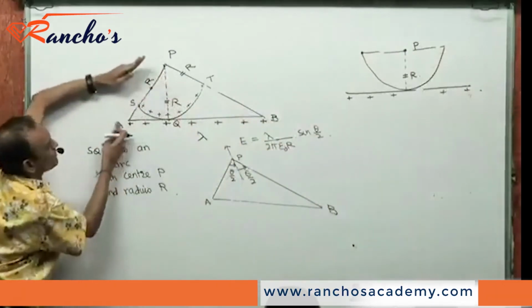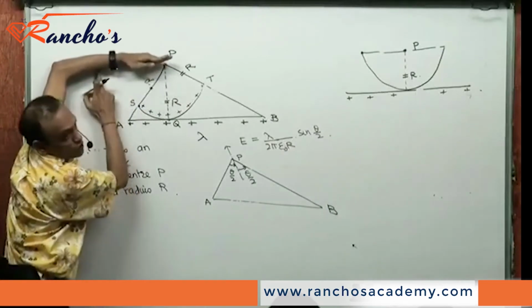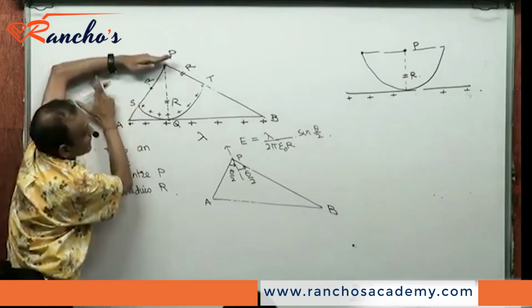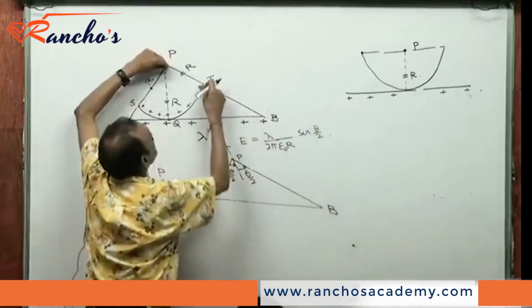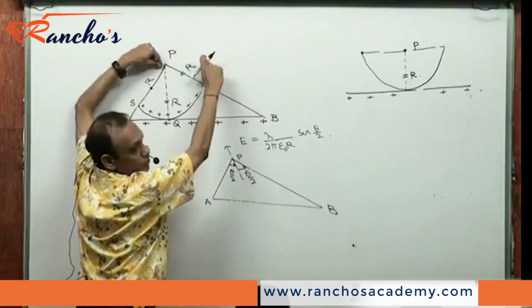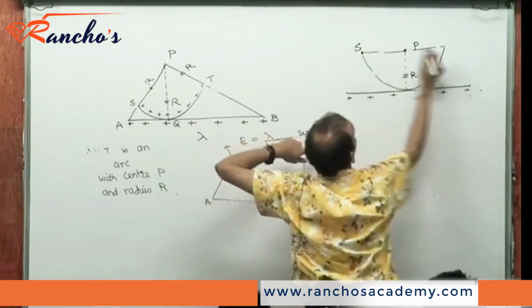If A goes further and further away, PA opens up, and the intersection S will come to this position. And if B keeps moving further away, the intersection T would keep moving up and, in the limiting state, come down here, and these would be my S and T.